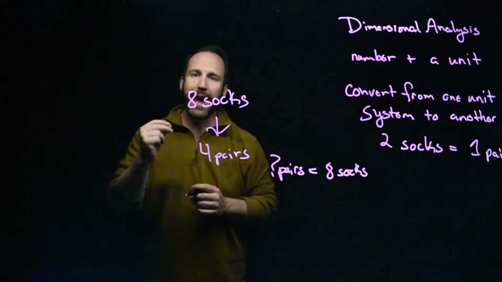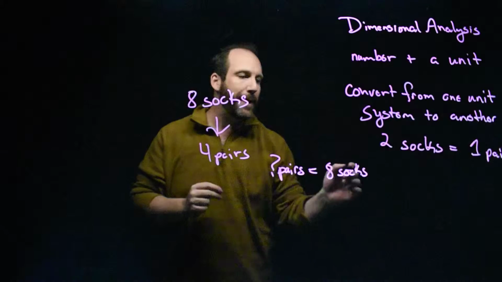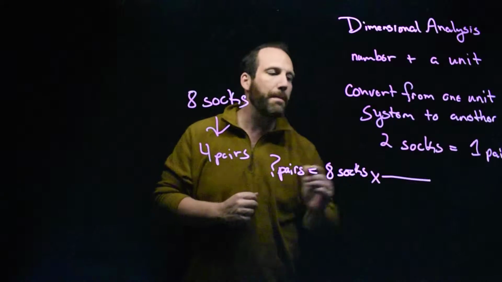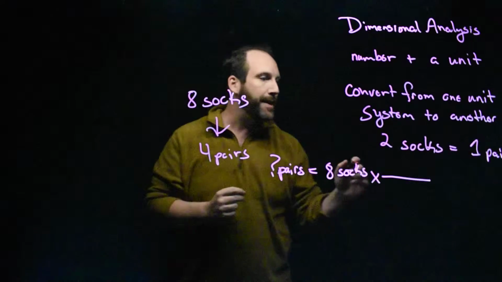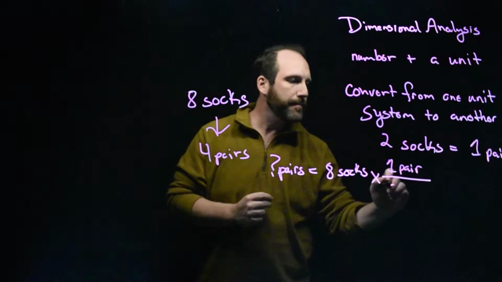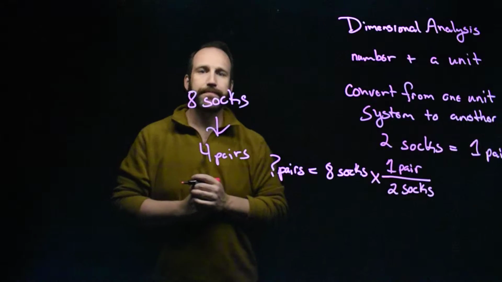And so in your head, what you did is a mathematical expression where you asked how many pairs are equal to 8 socks, and then you multiplied this 8 socks by a conversion factor that had 1 pair in the numerator and had 2 socks in the denominator, okay?